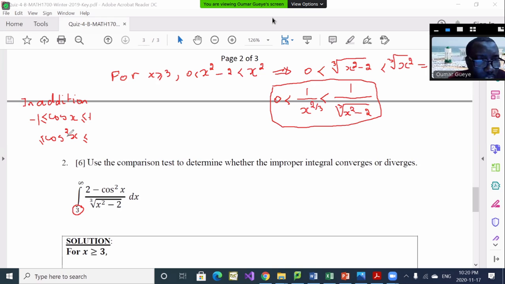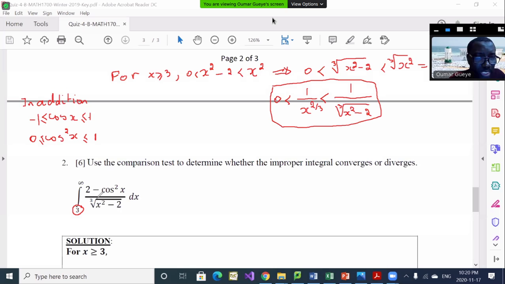Because when you square a number, it becomes positive, so it's going to be greater than 0. But if you square a number which is less than 1, it is still less than 1. For example, if you take 1 by 3 and square it, it becomes a number less than 1. Any number less than 1 has its square less than 1. And you can see here my cosine squared is now between 0 and 1.